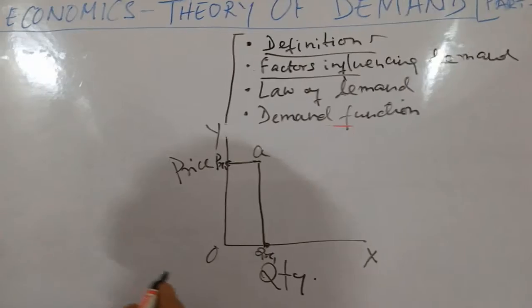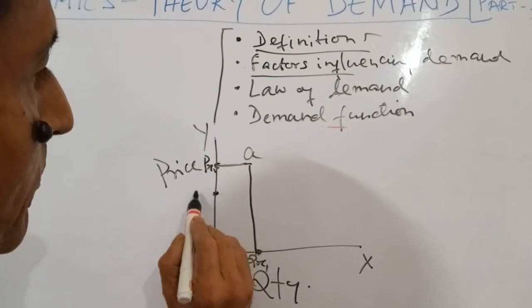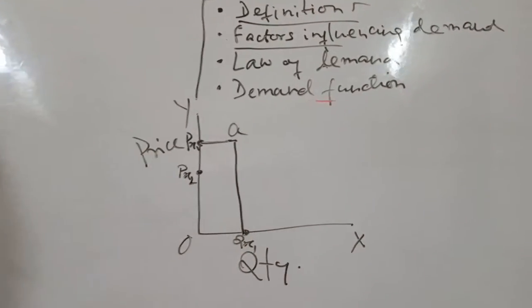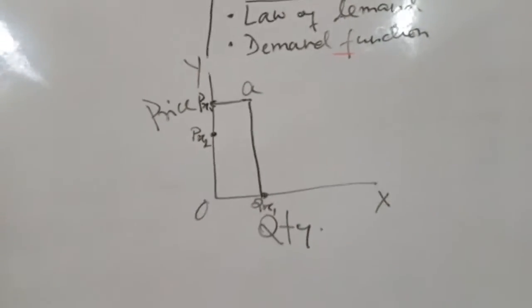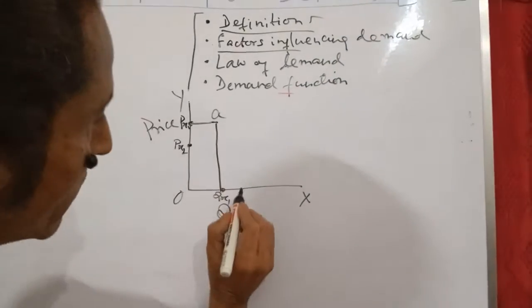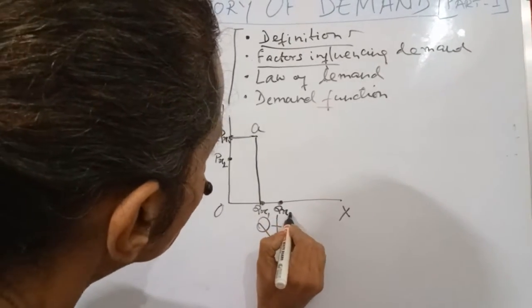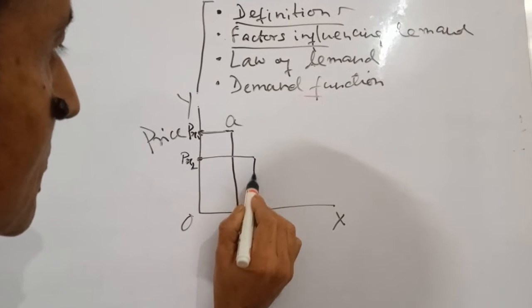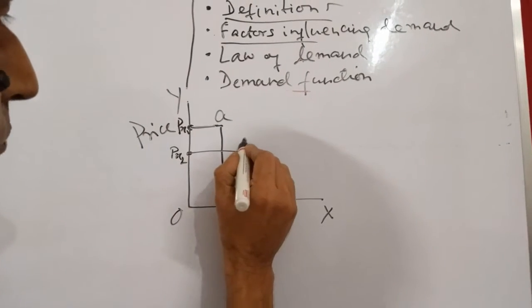As price of the commodity, price of X, falls from Px1 to Px2, as a result of fall in price of the commodity, quantity demanded will increase. So new quantity demanded is Qx2. So we get this point, say B.